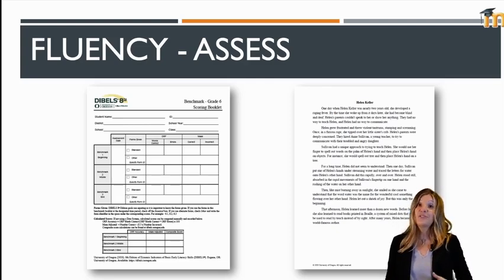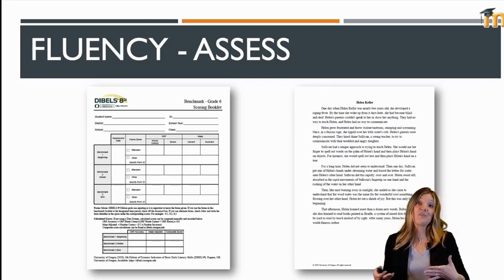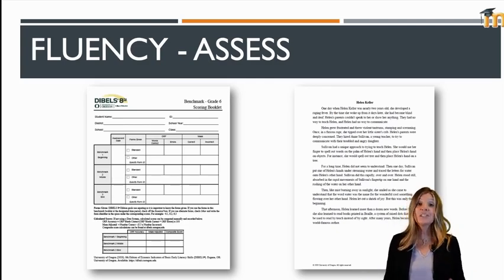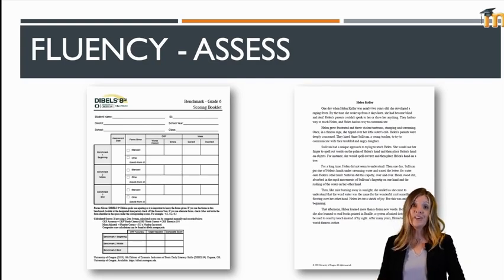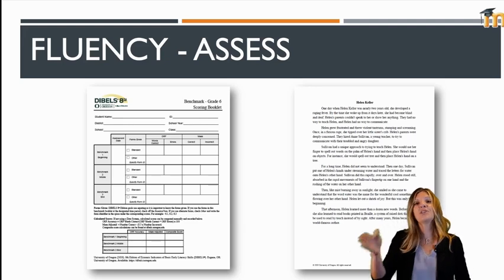You can also monitor their progress using DIBELS 8. So if you assess them and they're below benchmark, you make sure you're teaching the phonetic patterns they don't know so they can build that accuracy. If they're falling down on multisyllabic words, I give them instruction on how to decode multisyllabic words first.